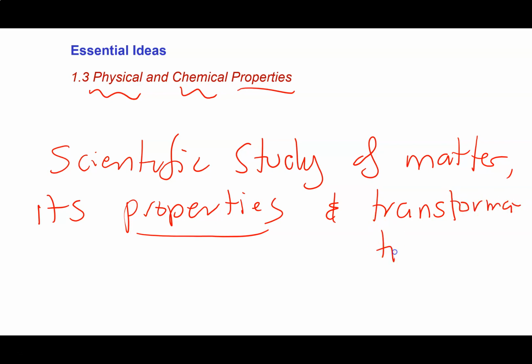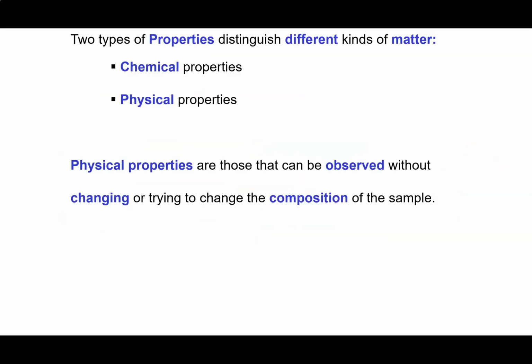So we've slowly been working through this definition, and here we are talking about properties. So properties are things that allow you to distinguish one object from another.